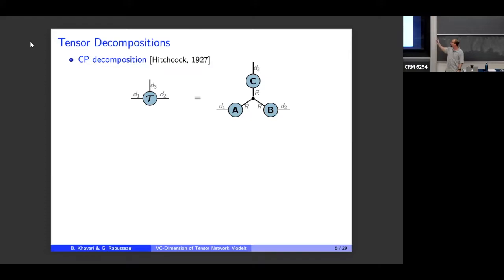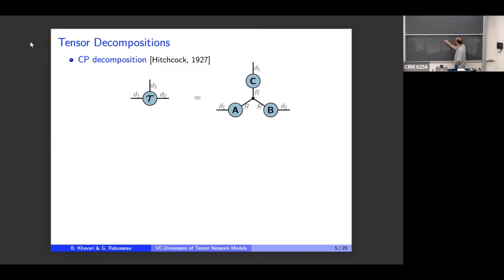Another decomposition is the CP decomposition, the canonical decomposition, or the parallel factor decomposition. It was one of the first, introduced by Hitchcock. And this one can be represented in this way. So maybe you know the CP decomposition in the sense of: I want to write my third order tensor T, for example, as a sum of rank 1 tensors, A_r outer product B_r outer product C_r. So this is the same thing, just the graphical notation of writing that.